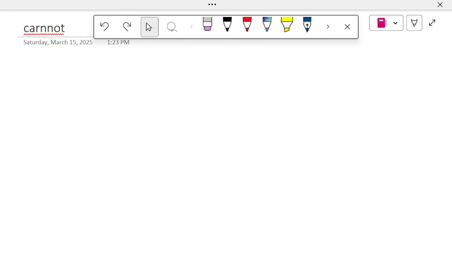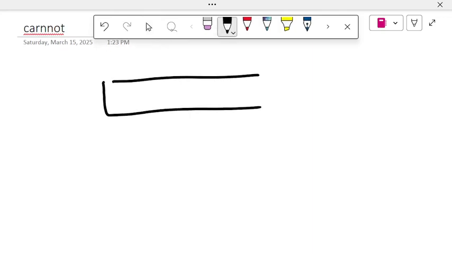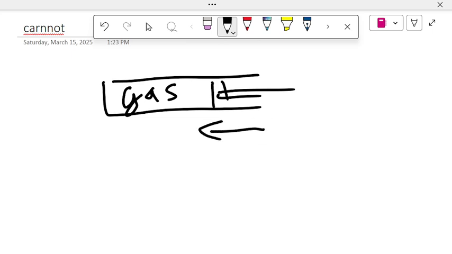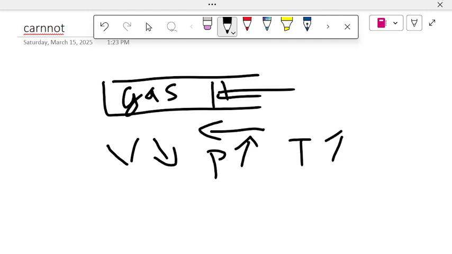Hello, let's discuss now about heat pump. So, if I have a gas in a cylinder, and this is the piston, and I push the piston inward, volume decreases, pressure increases, and the temperature also increases.